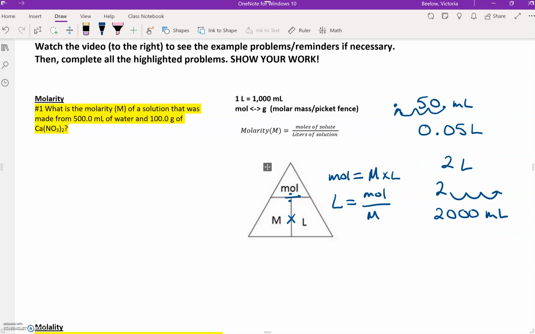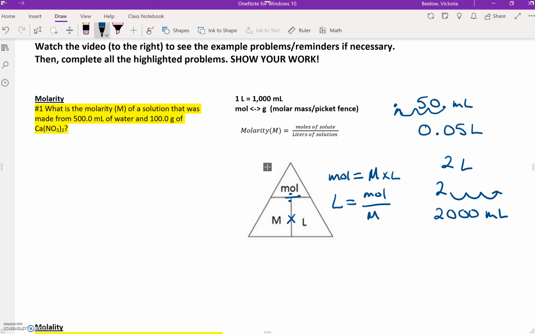And then another reminder is if you are working with moles and grams, if you see mass in a problem, make sure that you are calculating molar mass correctly and setting up your picket fence correctly.